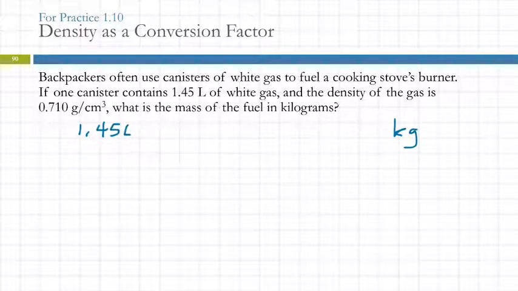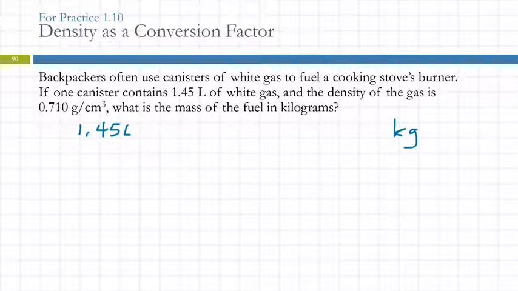So I've got where I am and where I'm going, and I have to figure out how to get there. Well, you're not going to find a relationship between liters and kilograms in a conversion table. We need to use what we've got. So we're probably supposed to use this somehow, right? Grams and cubic centimeters. Well, is either of these closely related to either the beginning or the ending?